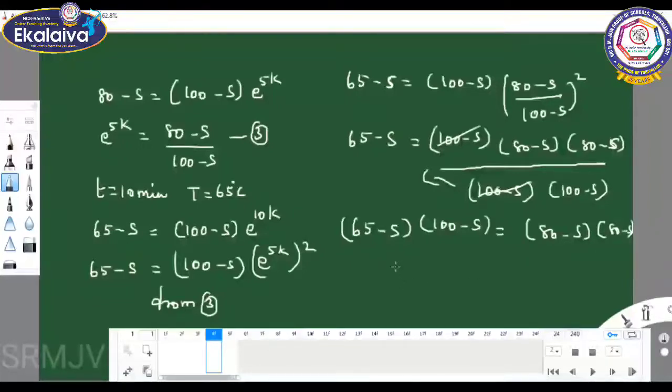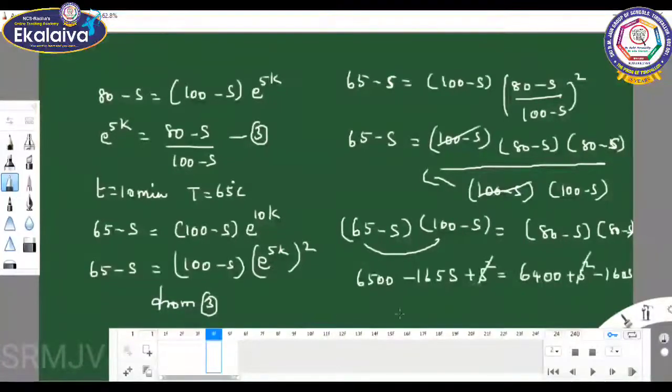So 65 minus s, you can multiply 65 by 100, 6,500 minus 165 s plus s square equal to 80 minus s the whole square. By the a minus b whole square formula, plus s square minus 160 s. S square, s square get cancelled.